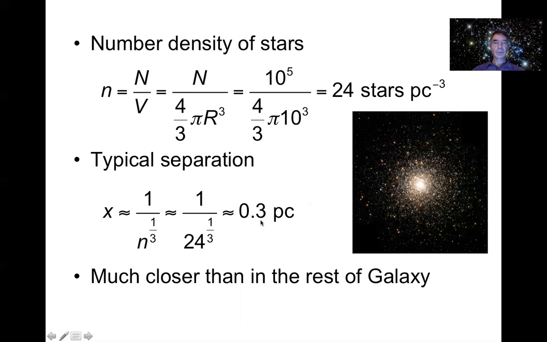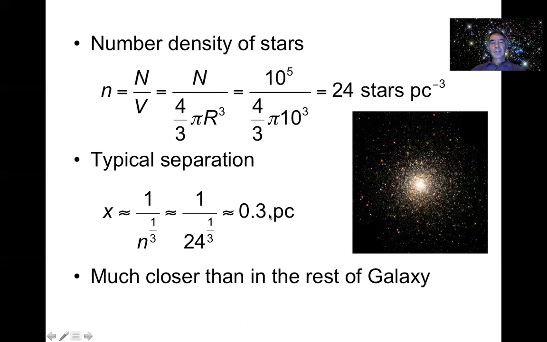You could reverse that argument. If you worked out the volume of a cube 0.3 parsecs on a side, and multiplied it by 10 to the 5, you'd end up back with your sphere of 10 parsecs radius again. So that's another way of thinking about it.